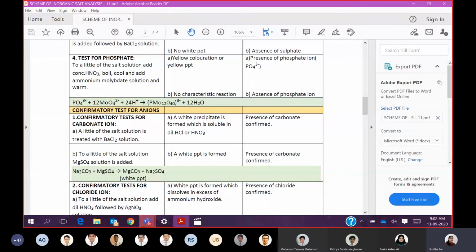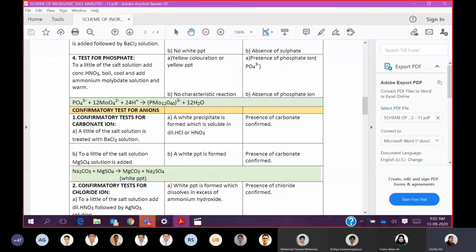And if the salt solution containing carbonate is treated with magnesium sulfate, you will get a white precipitate, and that confirms carbonate. So we are done with carbonate. So those are the important points related to the test.